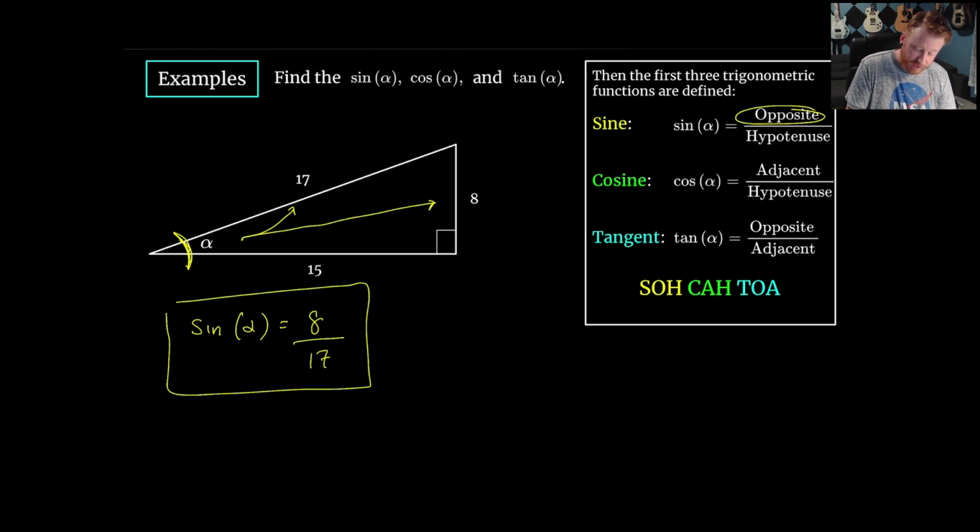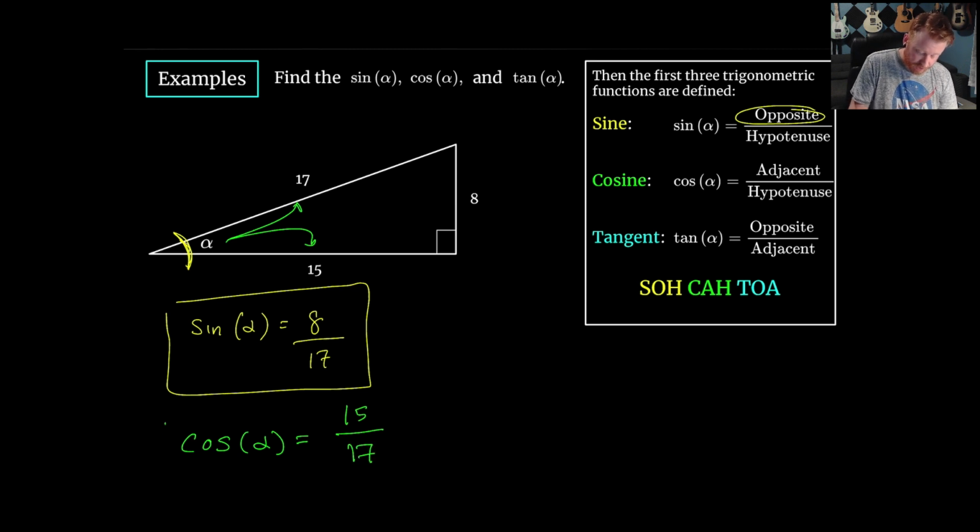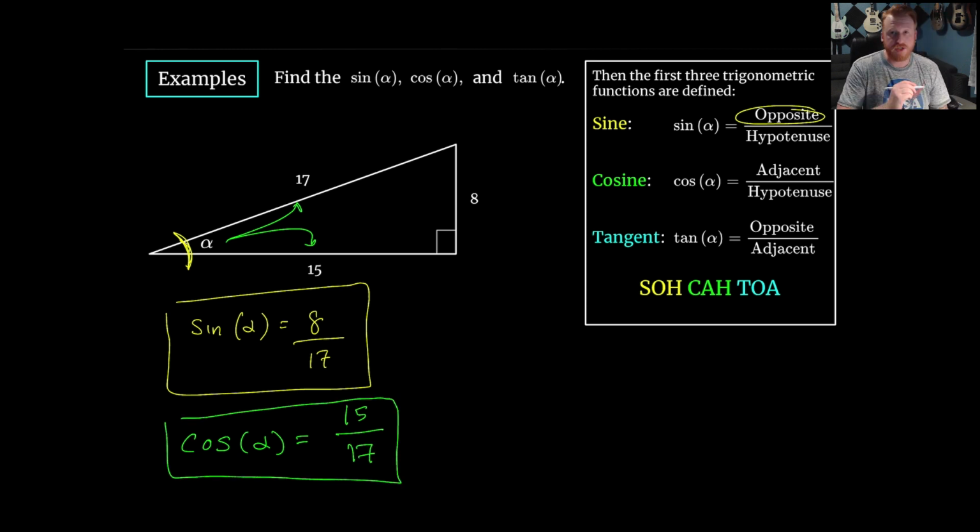If we would like to find the cosine of alpha, that is going to be the ratio of not the opposite side, but the adjacent side, which is 15, with the hypotenuse, which is 17. So here we have the cosine of alpha is the ratio of 15 over 17.